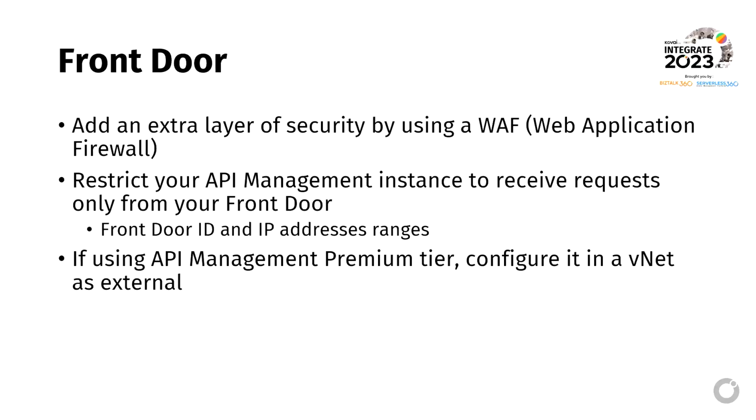You can apply Front Door, you can apply web application firewall, you can apply application gateway. Again, it's a choice that you are going to have to make. Be mindful that depending on what you choose, it is going to cost you a little bit more, or a little bit less, or a lot more actually. Whenever you're talking about VNet, you have to work with premium services.